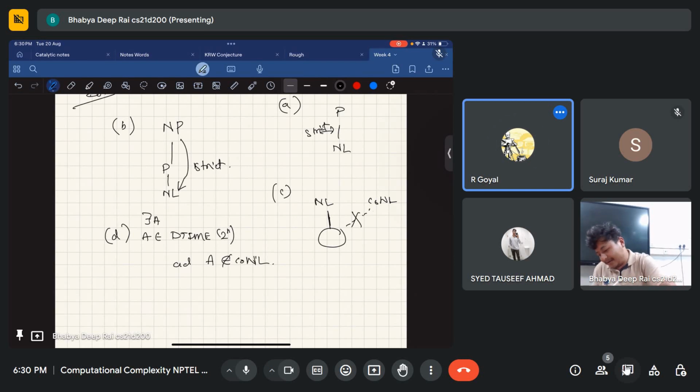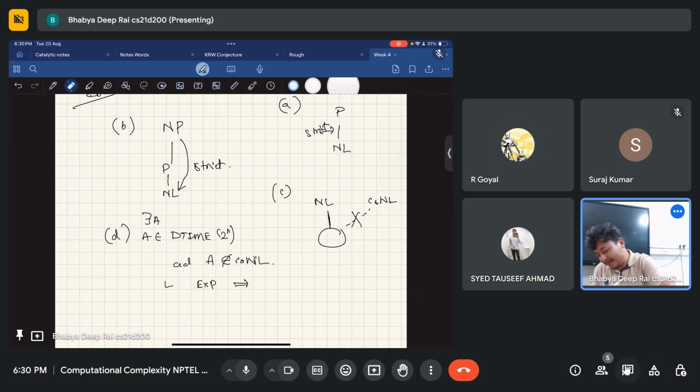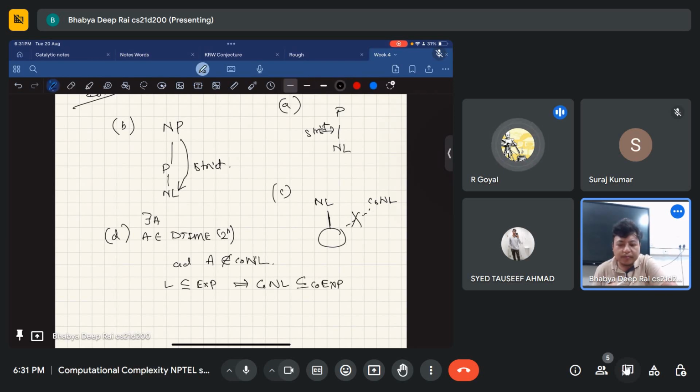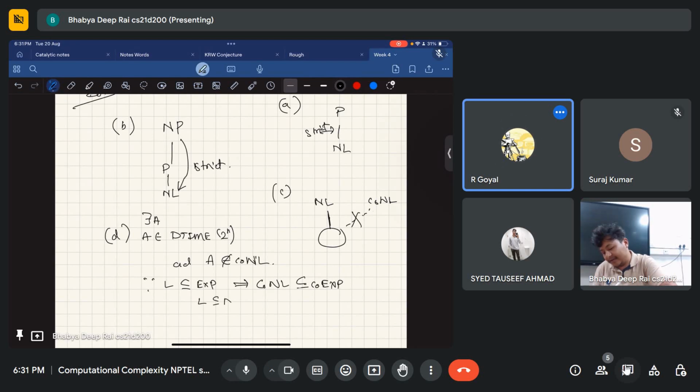L is contained in EXP, that is correct, which means you are saying co-NL is also contained in EXP. What did you say? I said that since L is contained in EXP and L is a subset of NL, and NL is equal to co-NL.